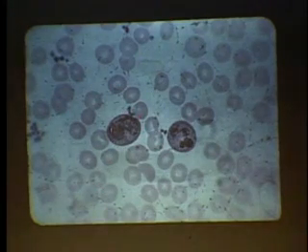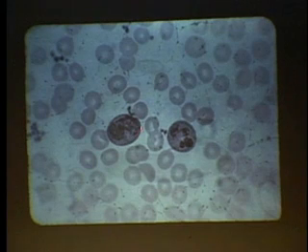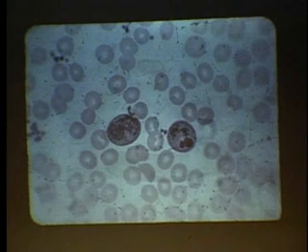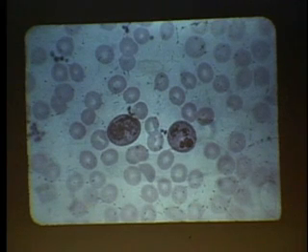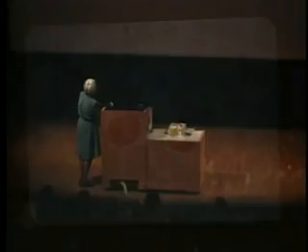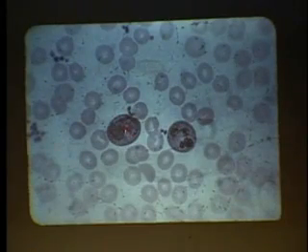In the next one. Now, what's this? A great big nucleus. What's it? Is it a polymorph? No. It's got big, looks like a kidney shape.